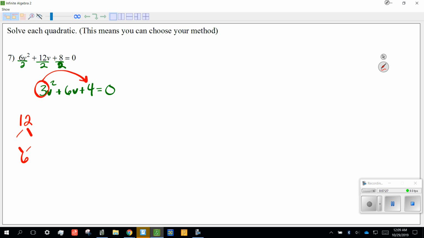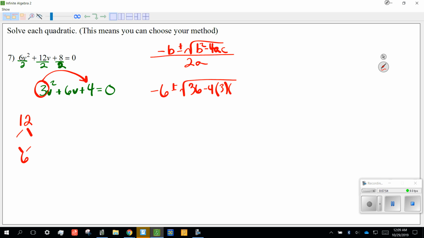So what I'm going to do is use the quadratic formula, which I don't do a whole lot. So that's saying something. So I've got negative b plus or minus the square root of b squared minus 4ac all over 2a. So negative b, negative 6, plus or minus the square root of, what's b squared? 6 squared is 36, minus 4 times a, which is 3, times c, which is 4, all over 2a.